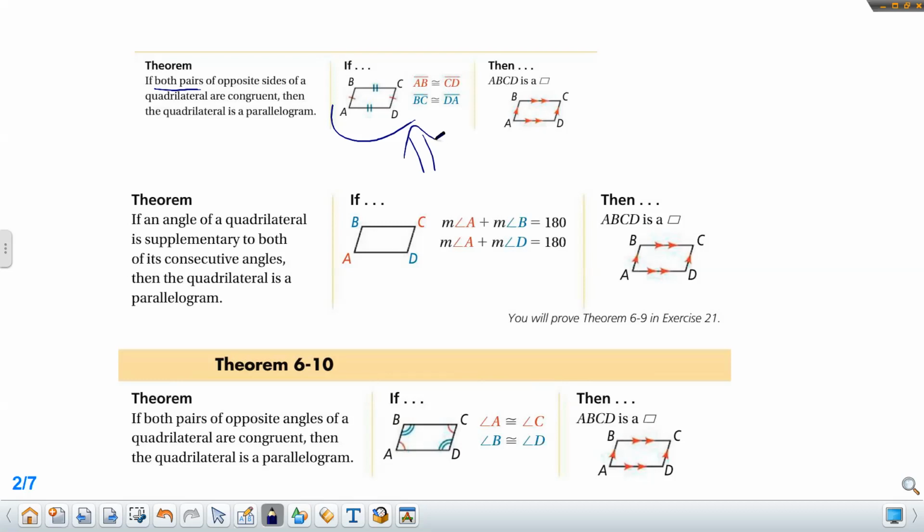Second case: if an angle of a quadrilateral is supplementary to both of its consecutive angles, then the quadrilateral is a parallelogram.